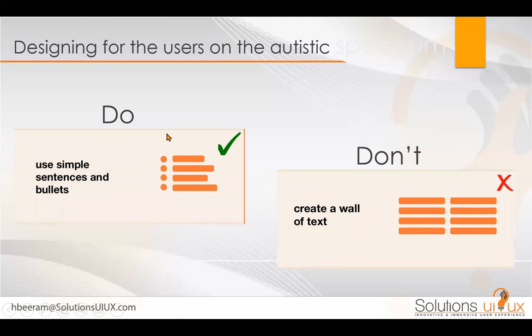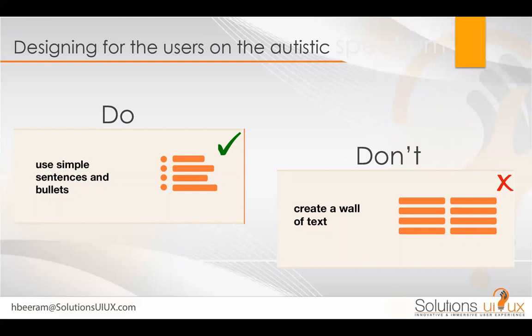Then one of the do's for cognitive disabilities is using simple sentences, right? And bullet points. Once you have bullet points 1, 2, 3, and 4, it is much easier for them, structured and step by step, to follow those instructions.